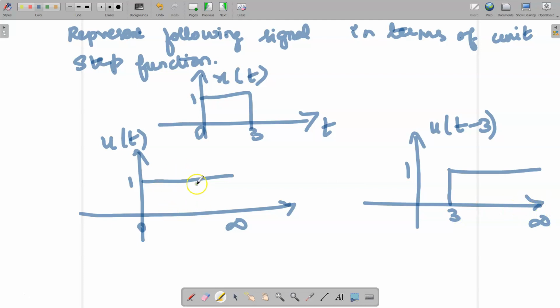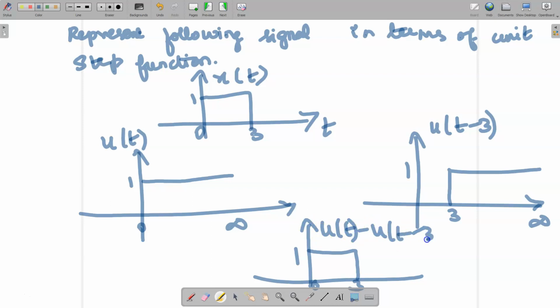Now, subtract this signal and this signal. So, you will get amplitude 1 from 0 to 3. So, this is nothing but u of t minus u of t minus 3. First draw the amplitude which is 1 for 0 to infinity, and since we have the signal which starts at 3, I am drawing u of t minus 3.